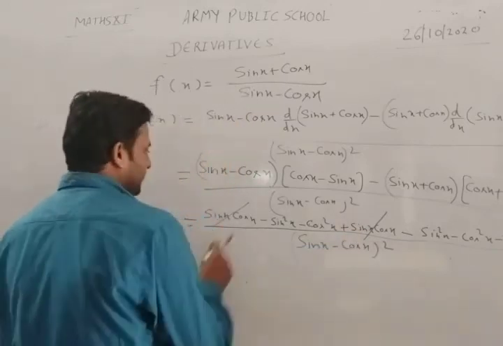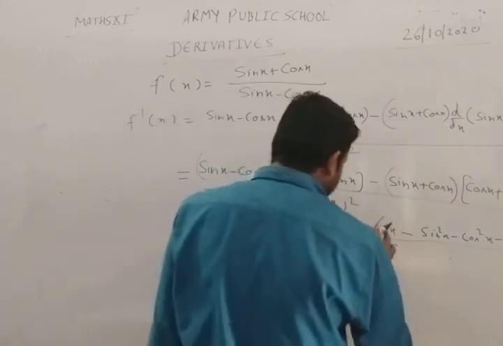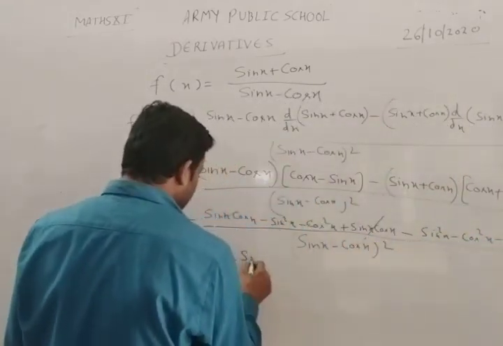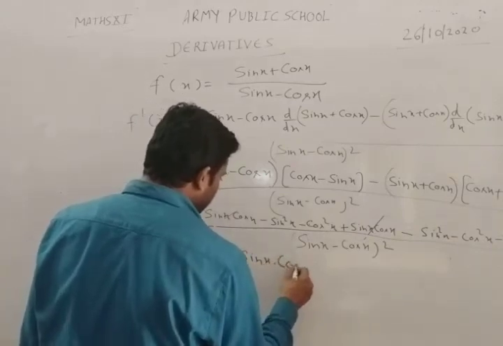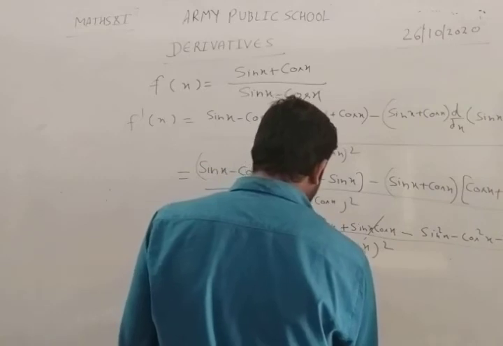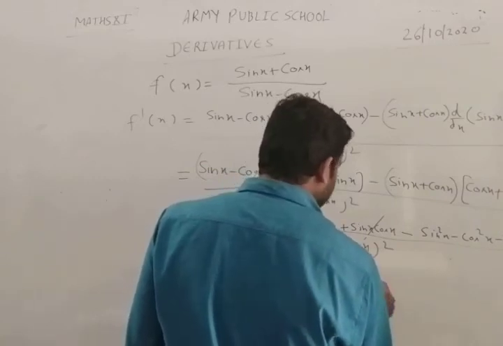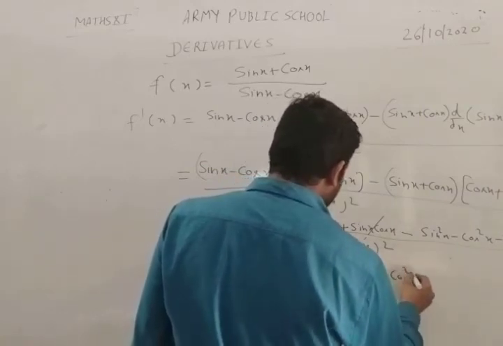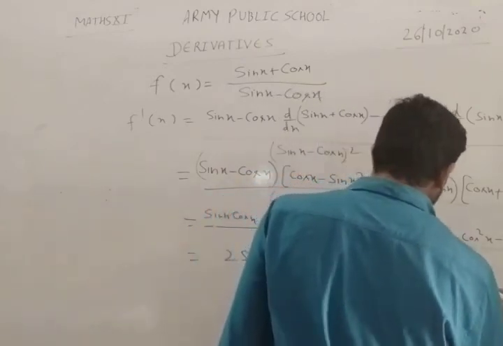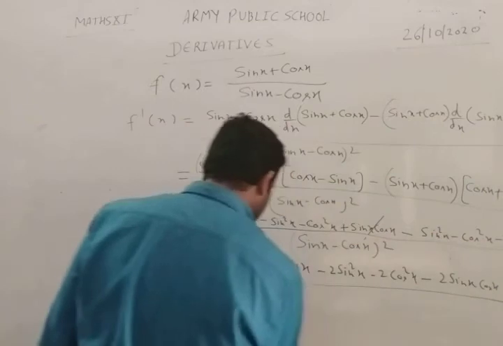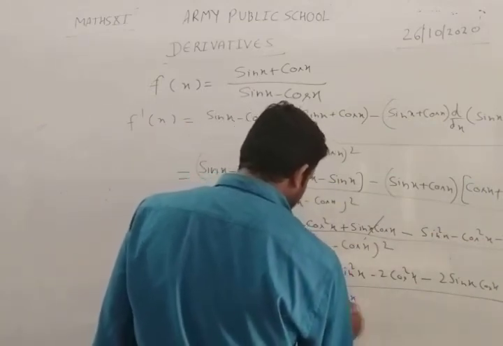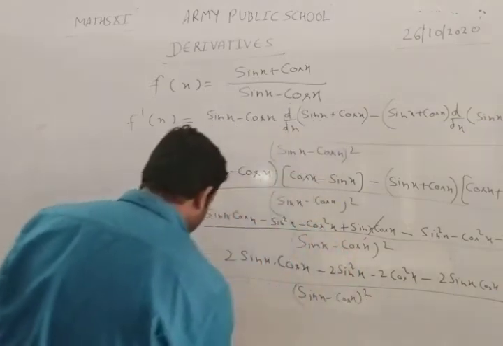Now either we can write this in the form 2 sin x cos x, and this is minus 2 sin square x minus 2 cos square x, and minus 2 sin x cos x divided by sin x minus cos x whole square.